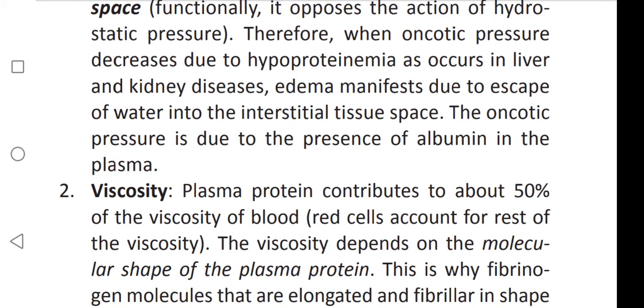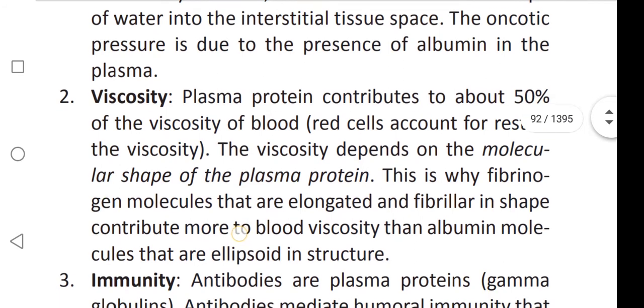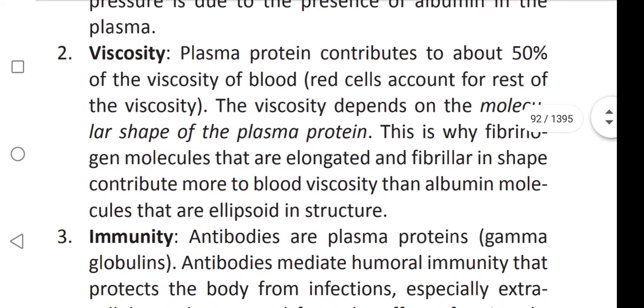The oncotic pressure is due to presence of albumin in the plasma.